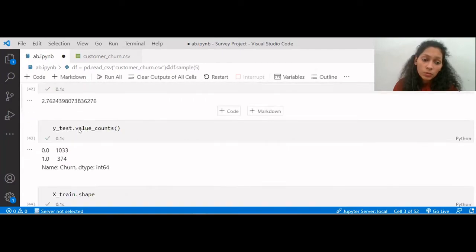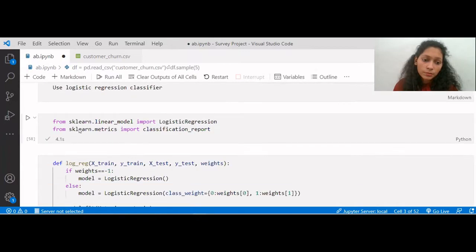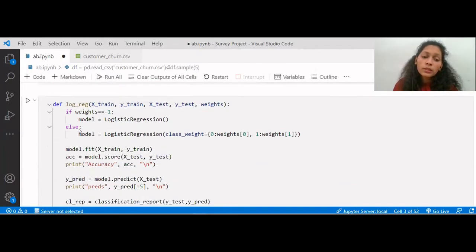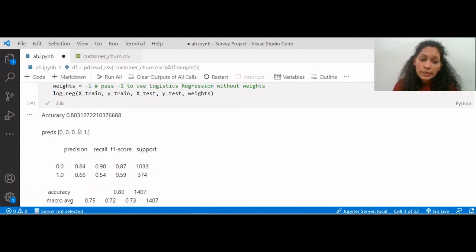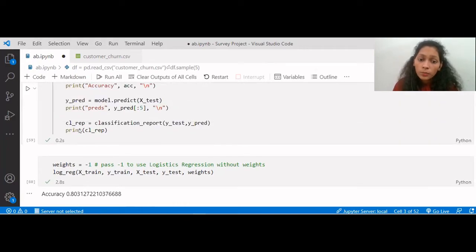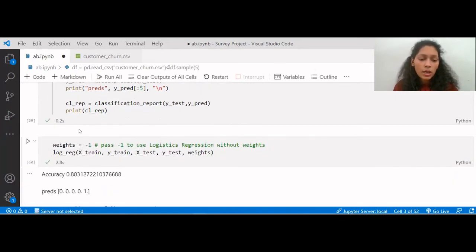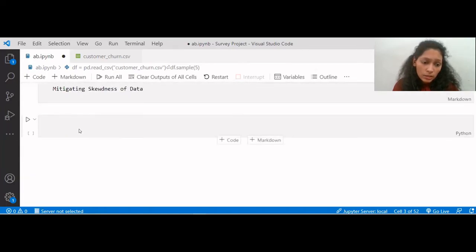So we have made a model. On the basis of logistic regression, I have written this function, and on running it, a model is created and it predicts some values.